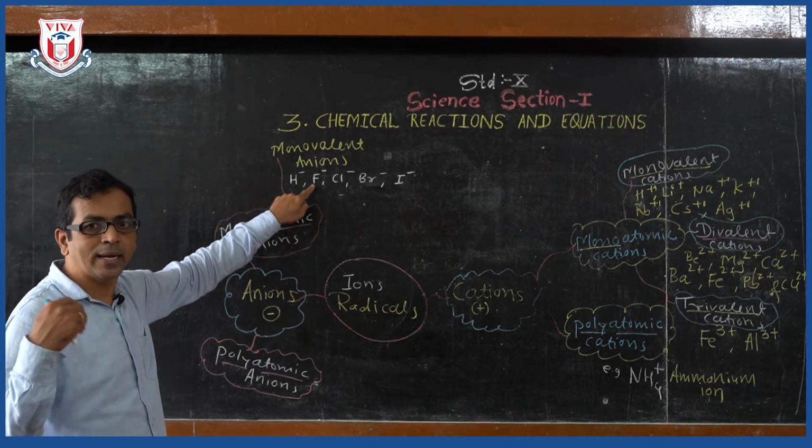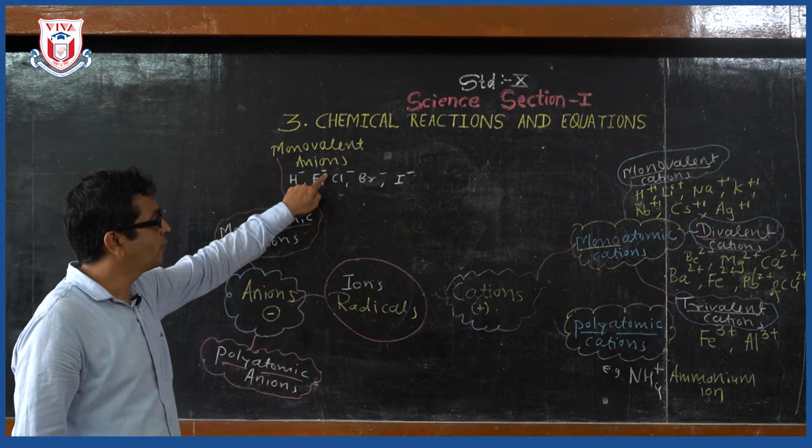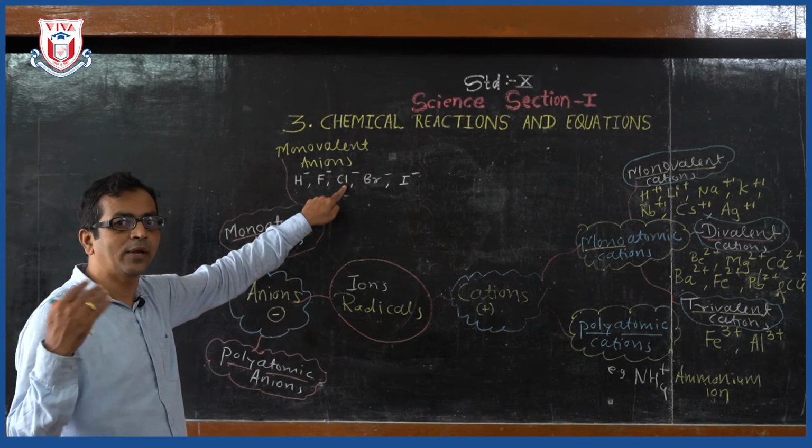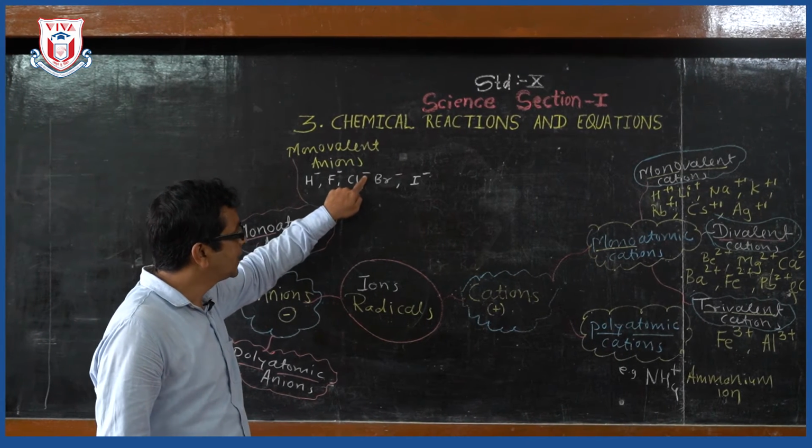Fluorine atom will take one electron and it will form F minus. Chlorine, having 7 electrons in the outermost shell, will take one electron and form Cl minus.